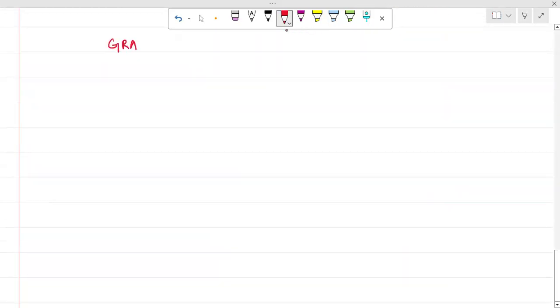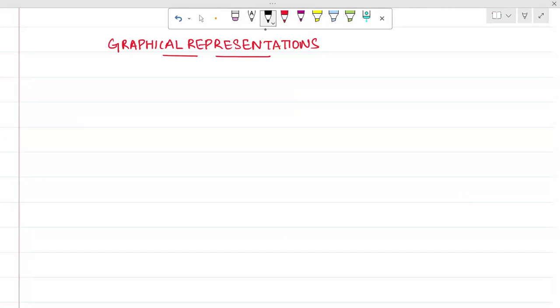Write down the heading, graphical representations. The equation that we are going to take is theta is equal to Kp by 1 plus Kp.